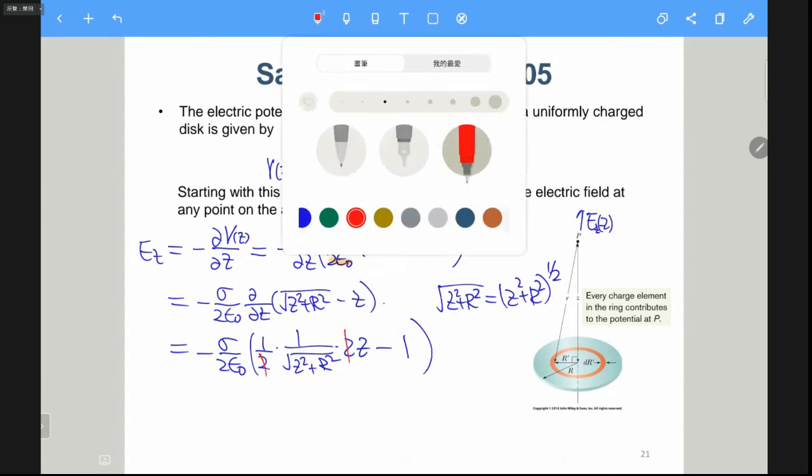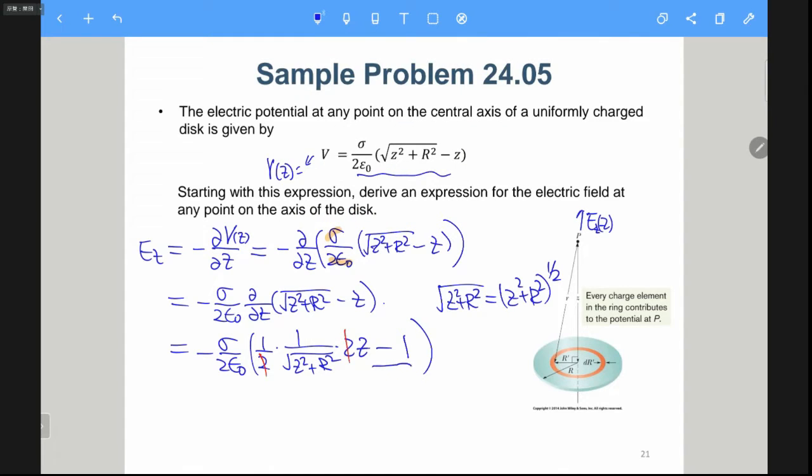Finally, we come up with the expression: this is negative, so we have sigma over 2 epsilon naught, and then we distribute the negative sign. So we have 1 minus z over the square root of z square plus R square. So this is what we get.